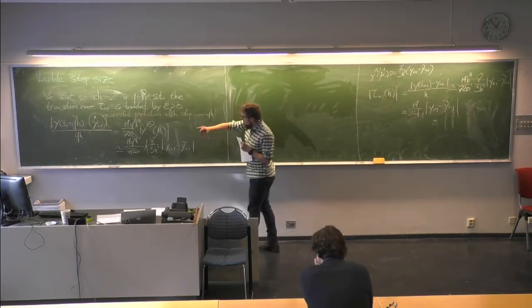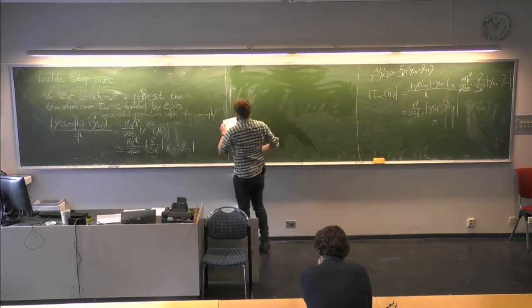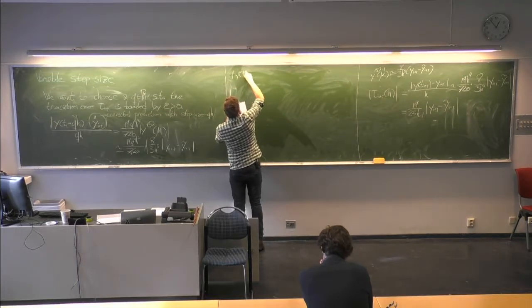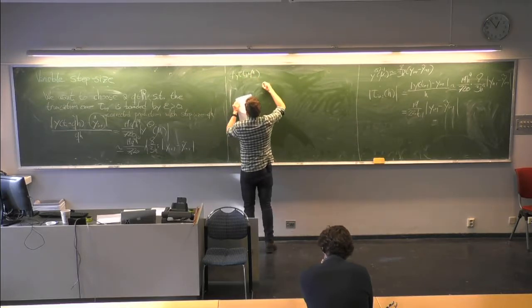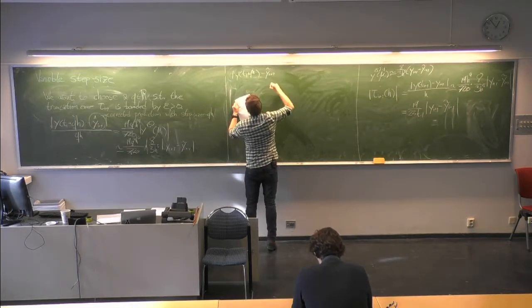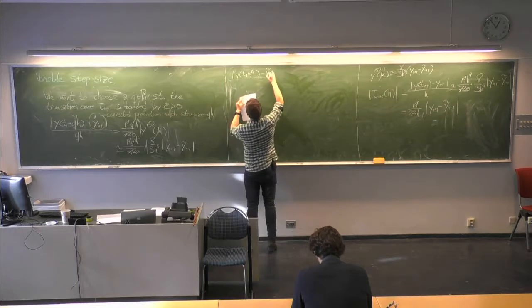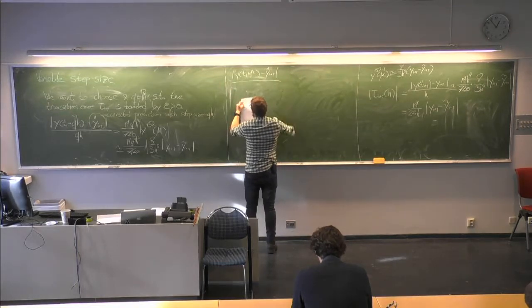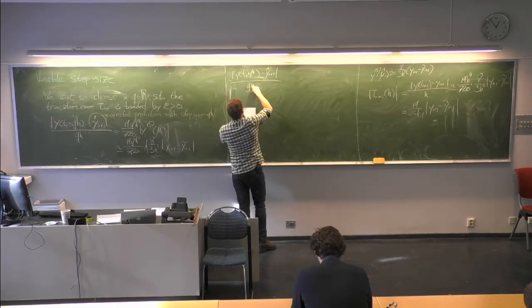Okay, so let's just continue this line over here. y(t_{i+1}) is the correct value, but we don't know what it is. It's qh.